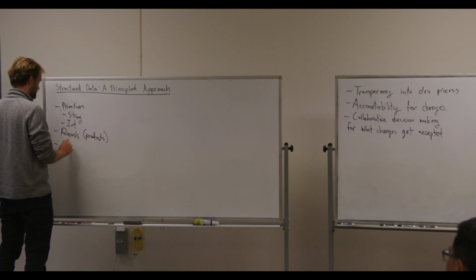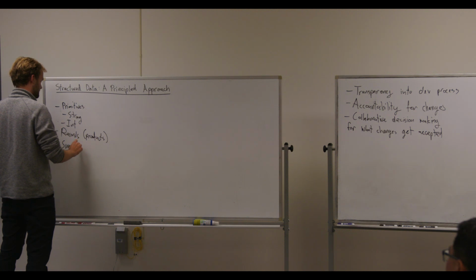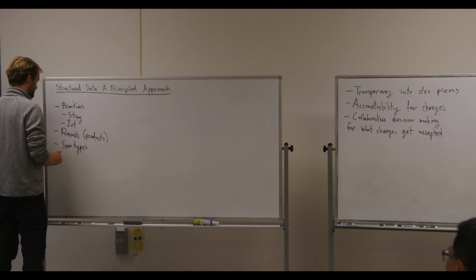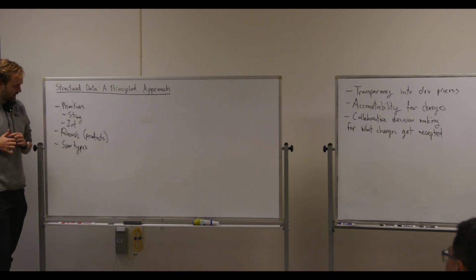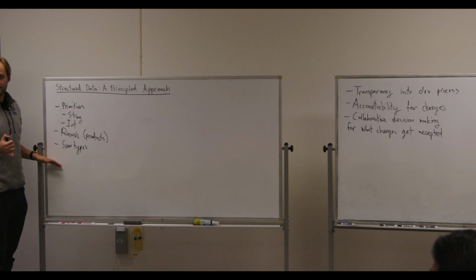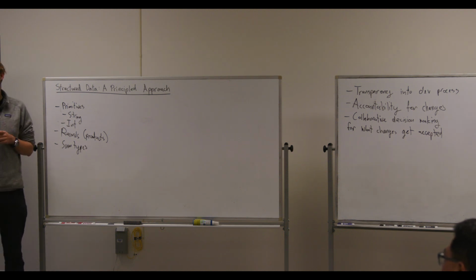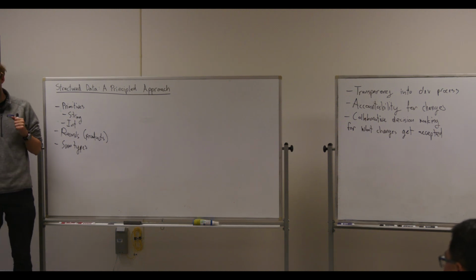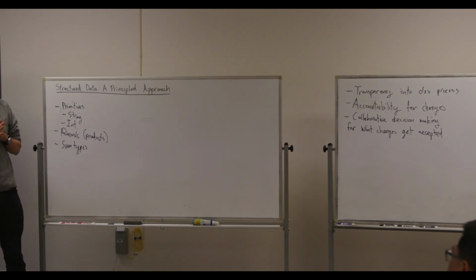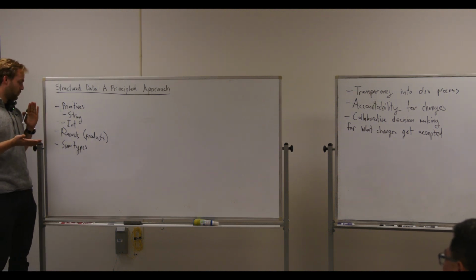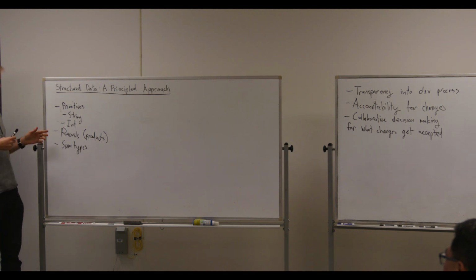Sum types. So this is basically the feature set of protobuf, or basically the feature set of protobuf and every other serialization format out there. And that's great. But why do I think that this is not quite enough?